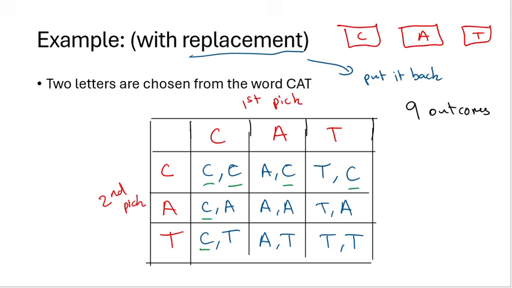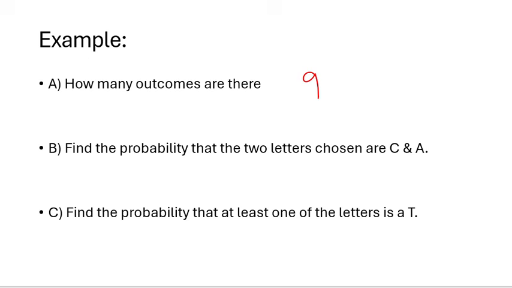So I'm going to write, PR of C and A being selected. Actually, selected sounds better. So we counted two, and then how many total outcomes were there? There was 9, so it's just going to be 2 over 9.